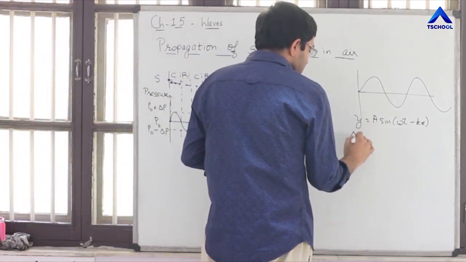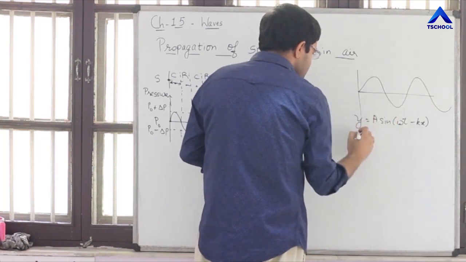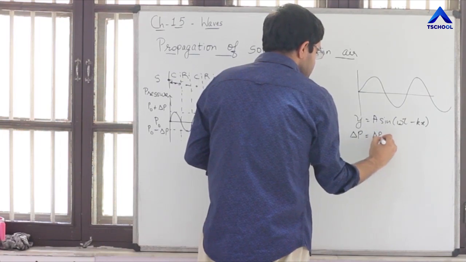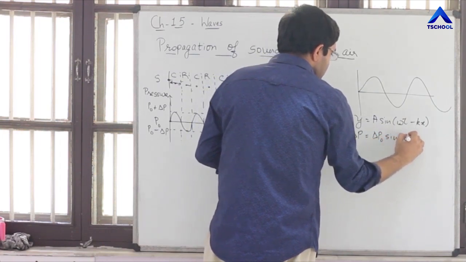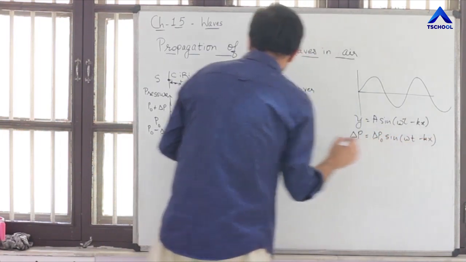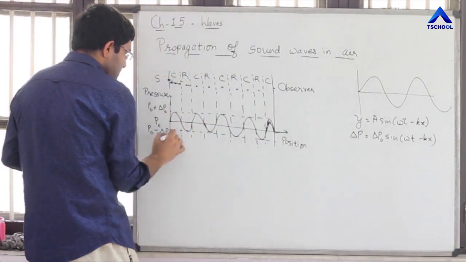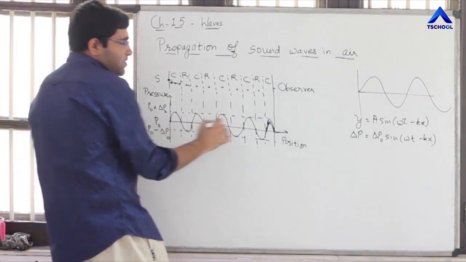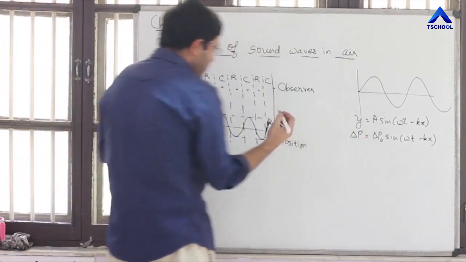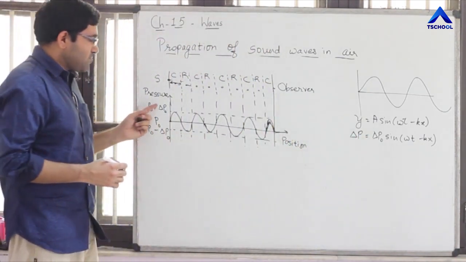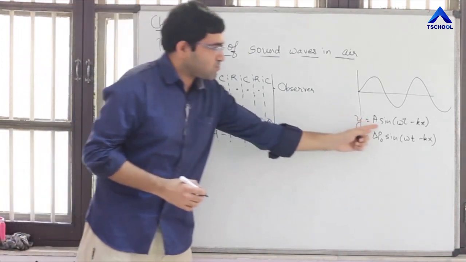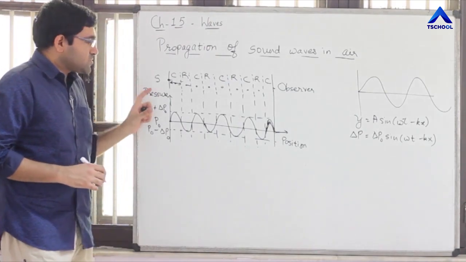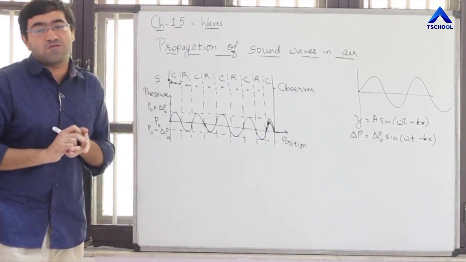So that would look like this. Again, this plays the role of amplitude. What I've marked here is the positive amplitude and this is the negative. So the change in pressure for any point is going to be ΔP0, that is the amplitude, the same role as A, and so forth. Alright, so this is what a pressure wave looks like.